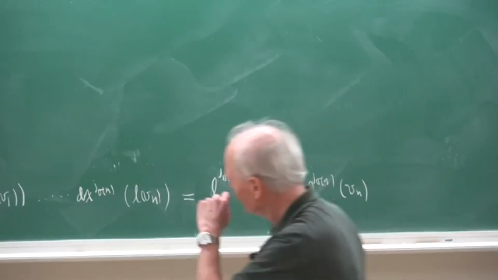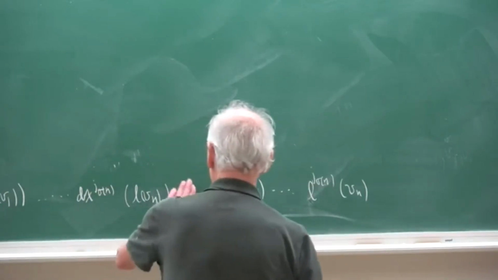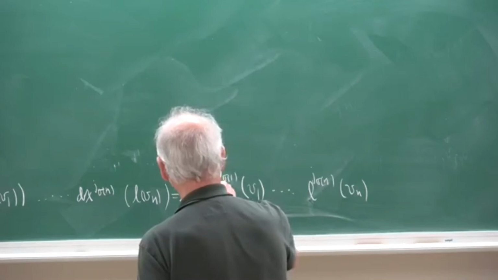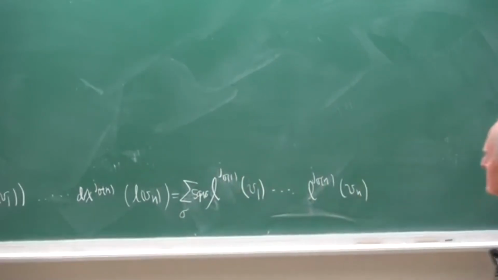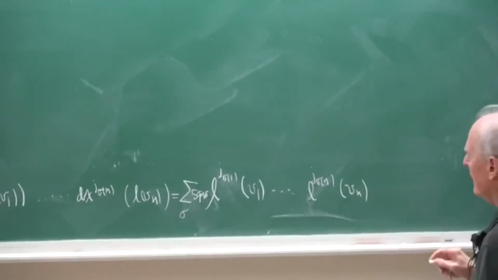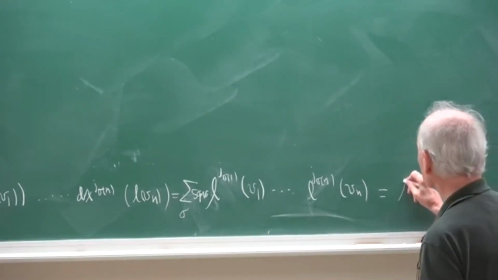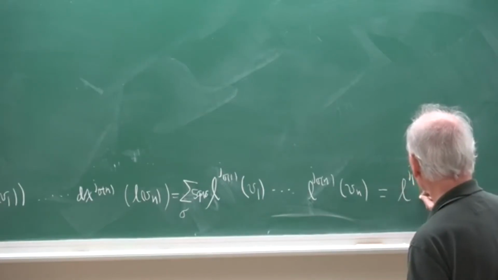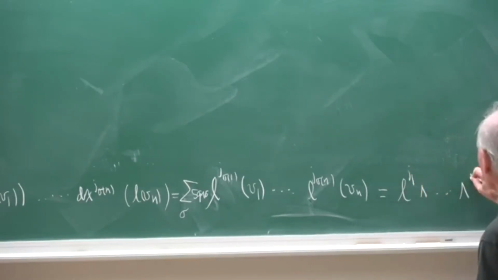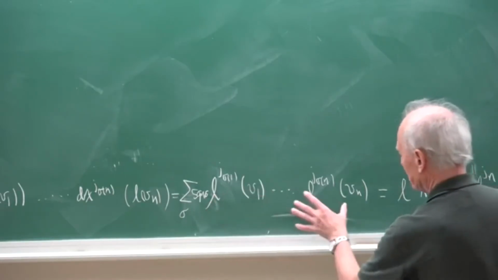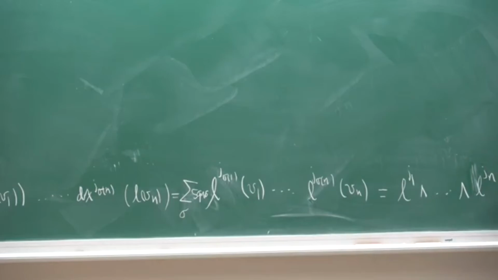And oh, I forgot the sine sigma again, summing over the permutations sigma. And that's exactly the wedge product Lj1 wedge up to Ljn by definition. We find this in exactly this way, using the permutations like this, hitting v1 up to vn.